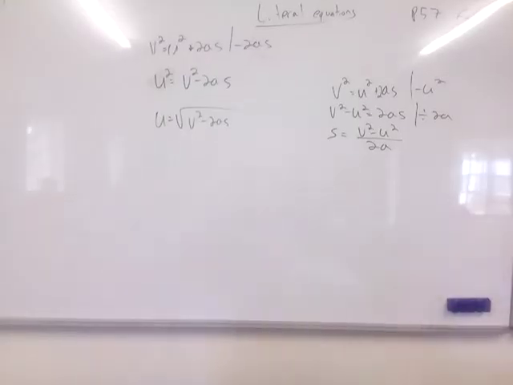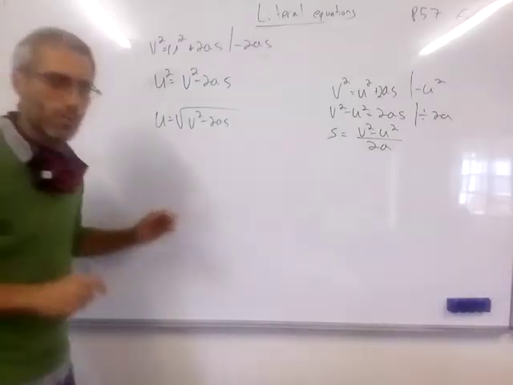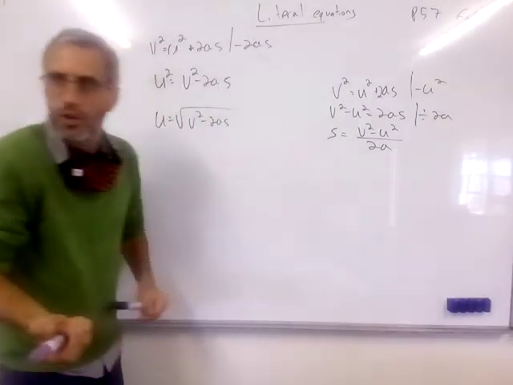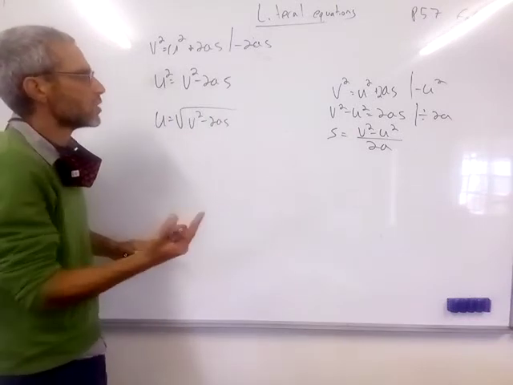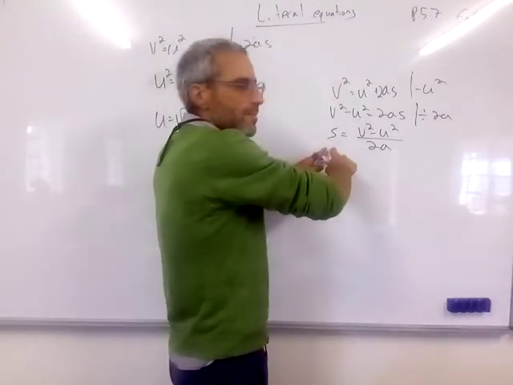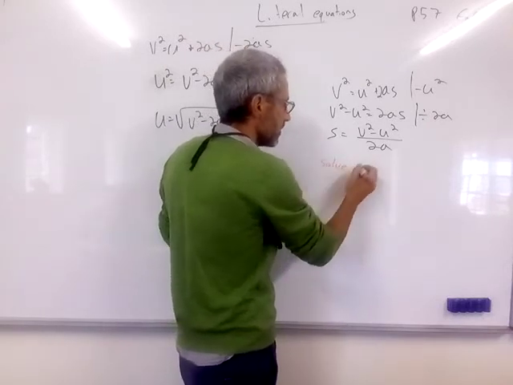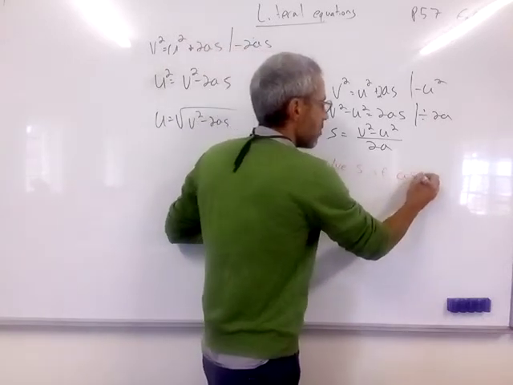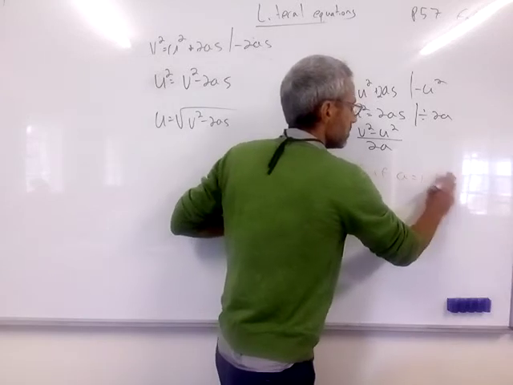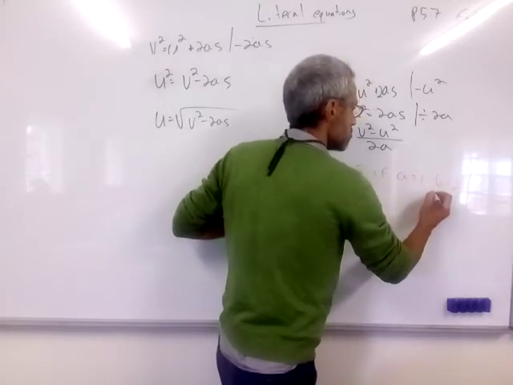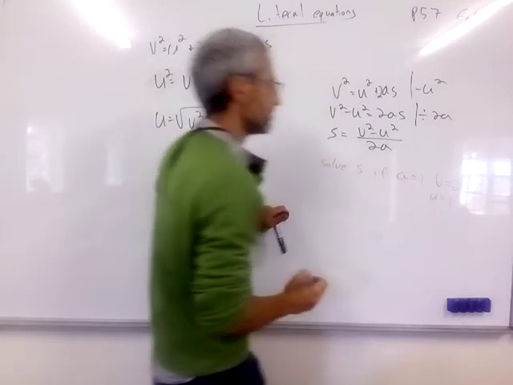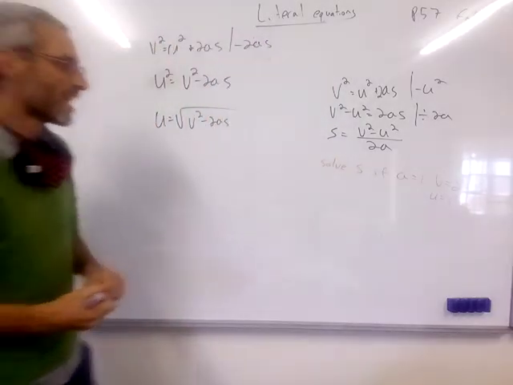Right, so now this is kind of the exercise you're doing in the book, but I'll take it one step ahead, which is not difficult. In the first question, I can tell you, make S the subject, which you did. And now, solve for S if A equals 1, V equals 2, and U equals 1. Calculator. Okay? You want to use the calculator? You can.